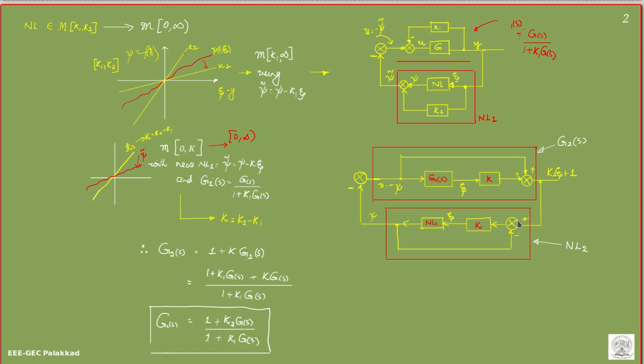Now G(s) is given here, and it is being fed back through a nonlinearity. What was our problem here?